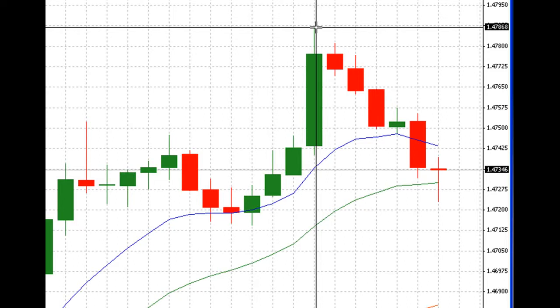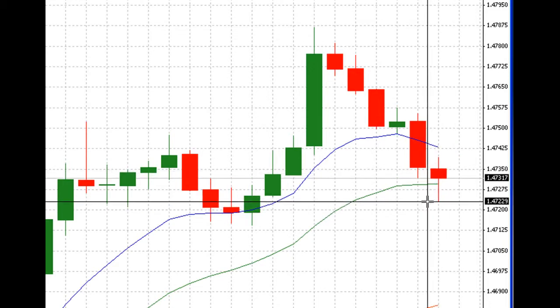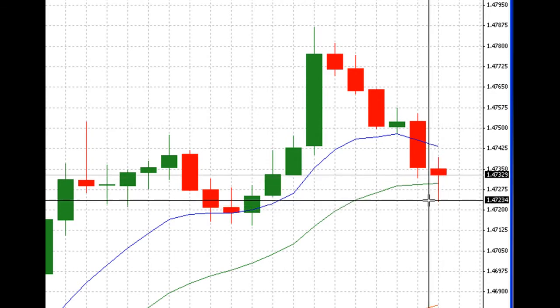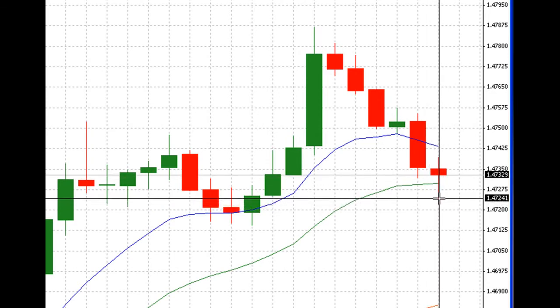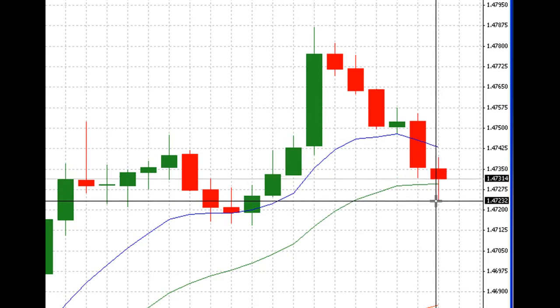So we divide 72 by 4, which equals 18 pips. So with the low here now, as long as this stays as the low and price doesn't go down, this low here is 1.4723.